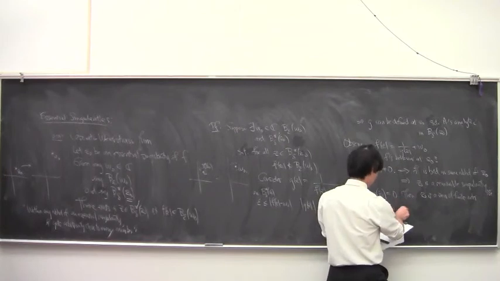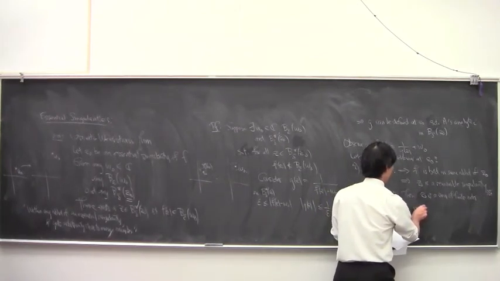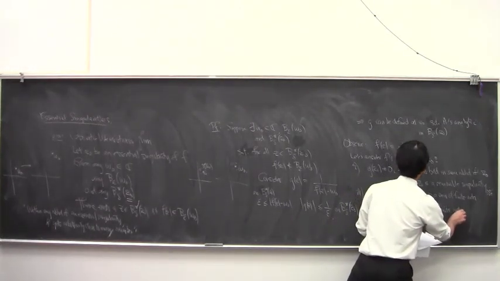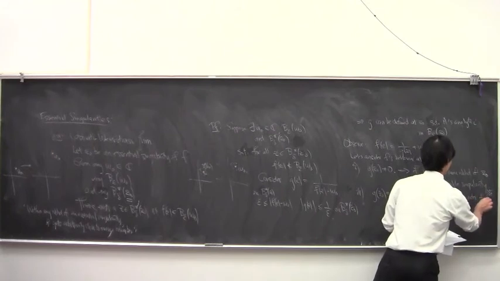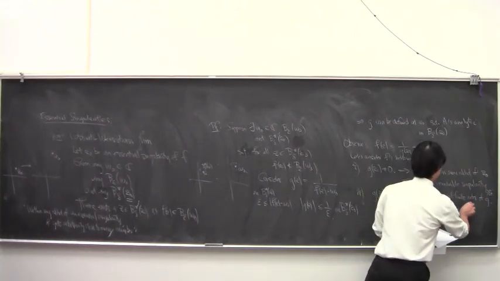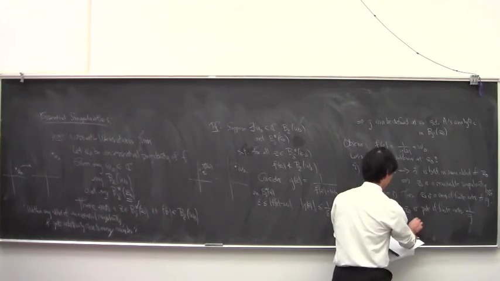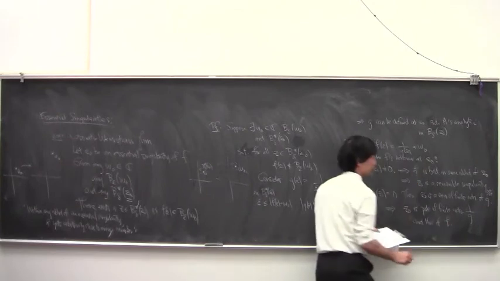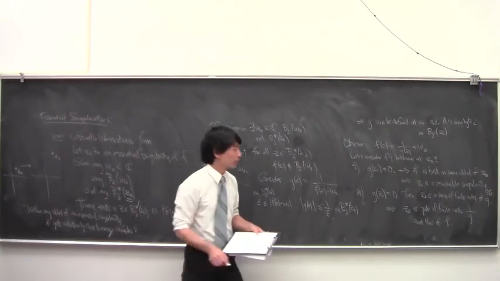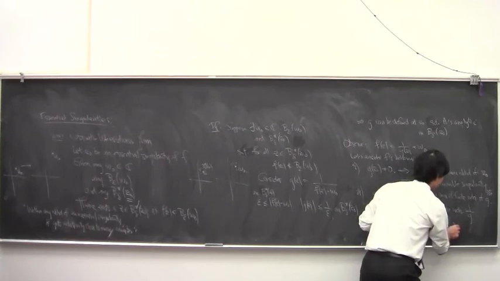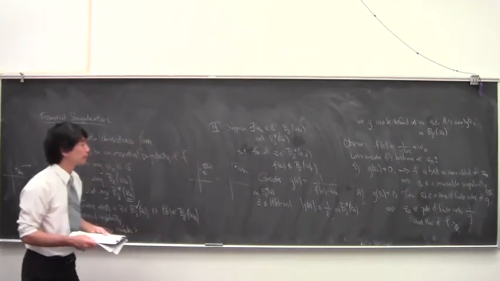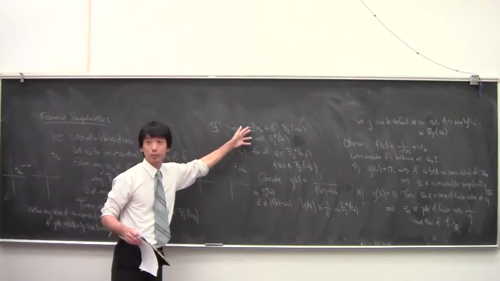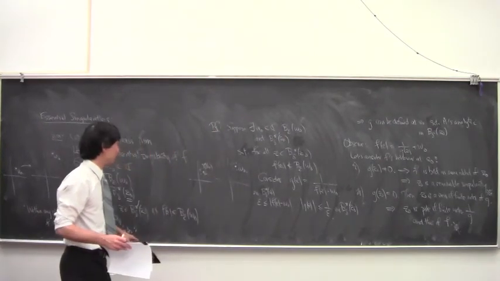And so what does it give you? That gives you that z naught is a pole of finite order of 1 over g, and thus of f. Okay, but that's also a contradiction. So either way you go, you end up with a contradiction, and so this is impossible. Okay, so that's it.